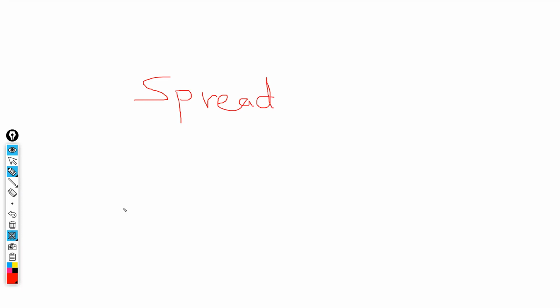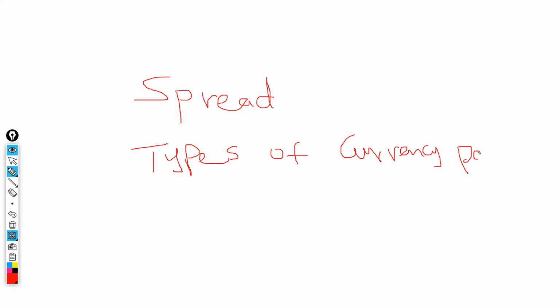We're also going to talk about types of currency pairs, and under that, what is base currency and what is quote currency. These are what we're going to be talking about in today's class.